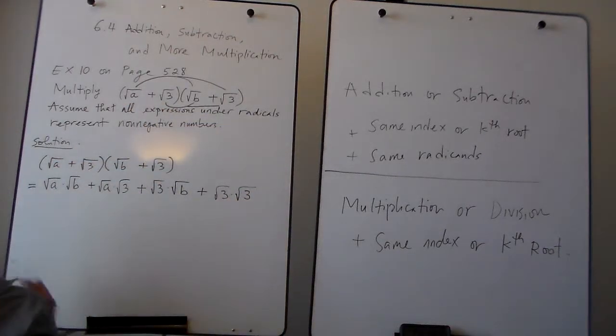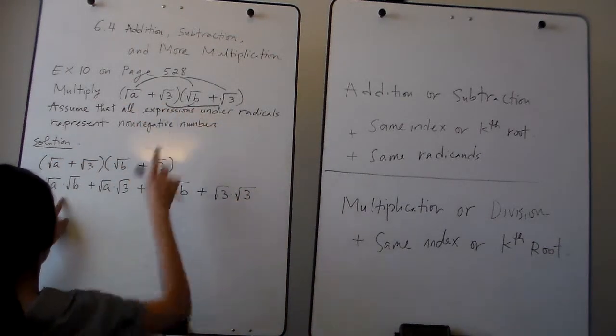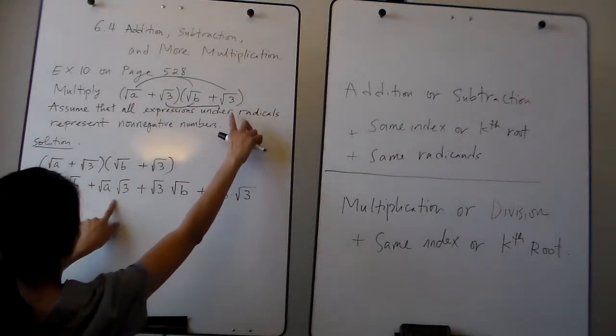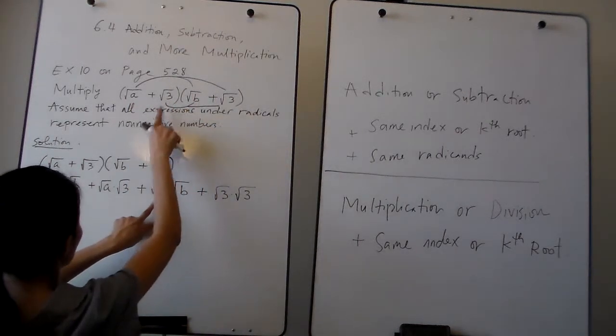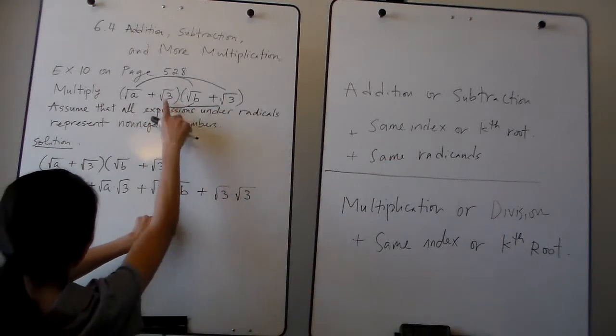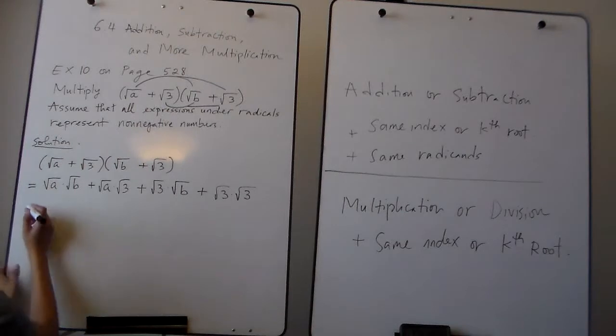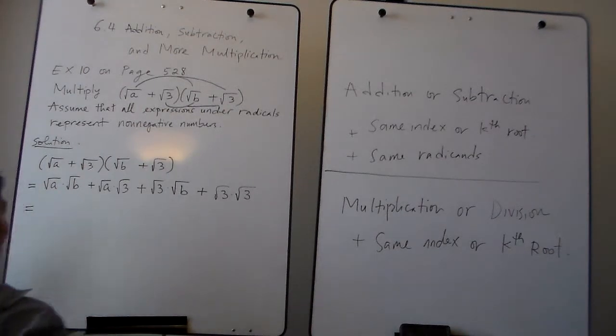Let's double check. Take this times this, we get this. Take this times this, we get this. And then this times this, and this times this. It's good to double check, to avoid making a mistake.